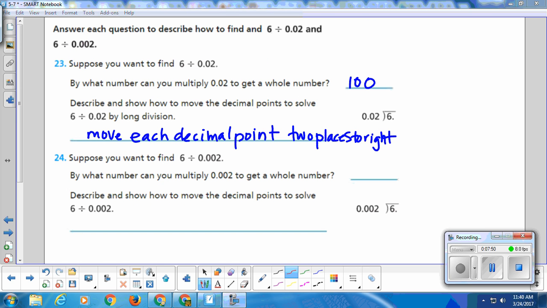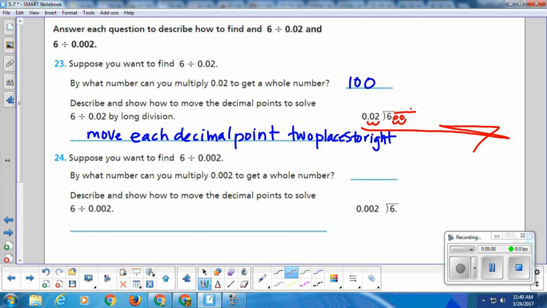So, what are you confused about? Watch. I took my decimal point and I moved it to the right. Which way did the digits go? Okay. So suppose you want to find, hey, here's another one.